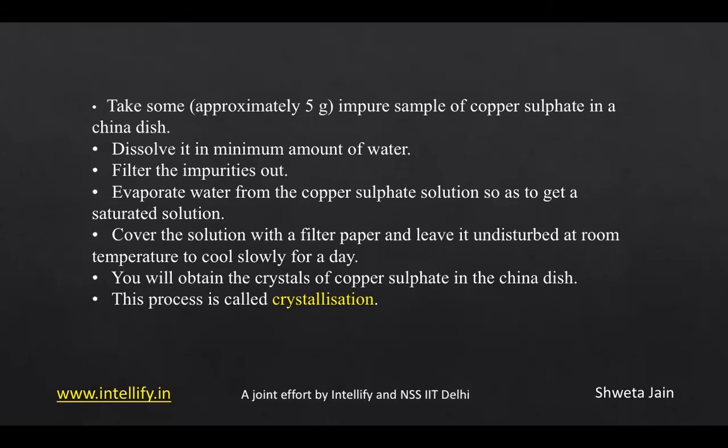So only the extra water needs to be evaporated. After that, we will leave the solution undisturbed at room temperature. We will cover it with a filter paper and leave it for a day. After it cools down, the next day, we will see crystals of copper sulfate in the china dish. This process is called crystallization.